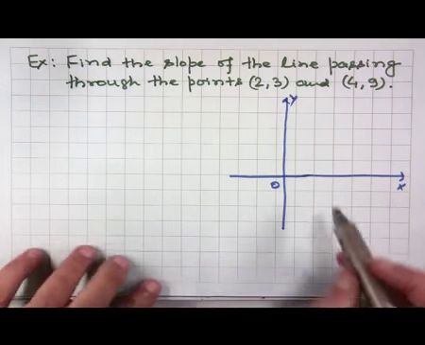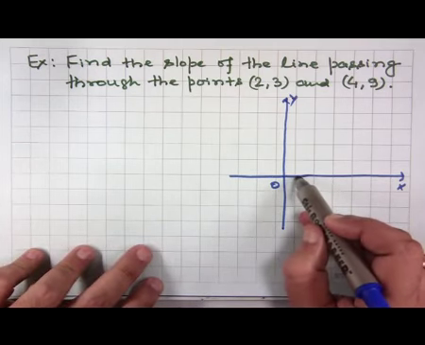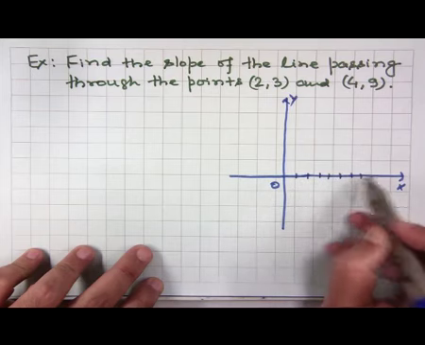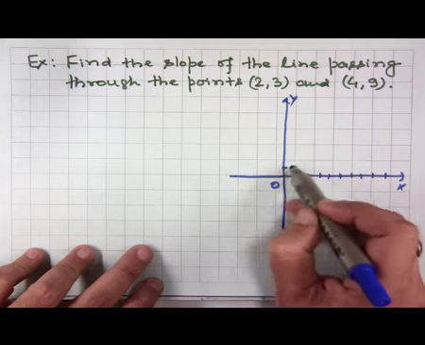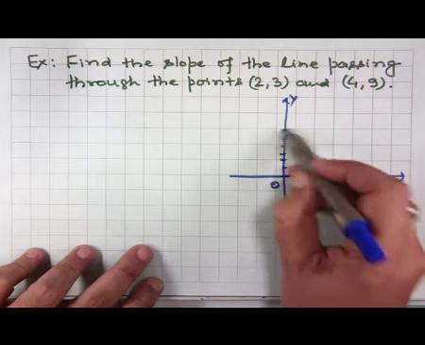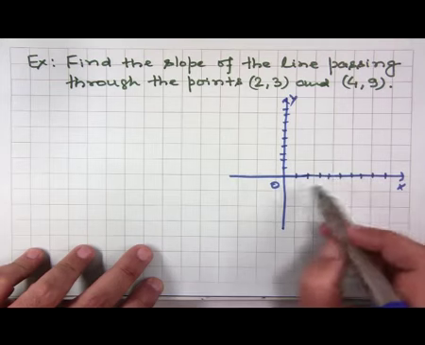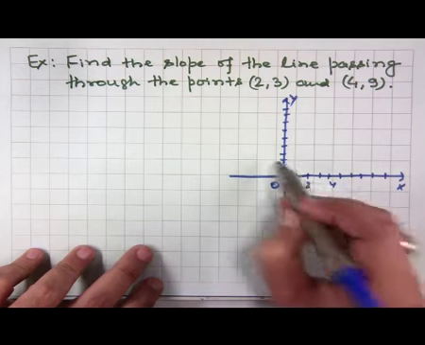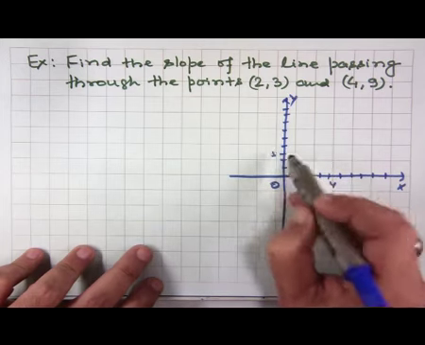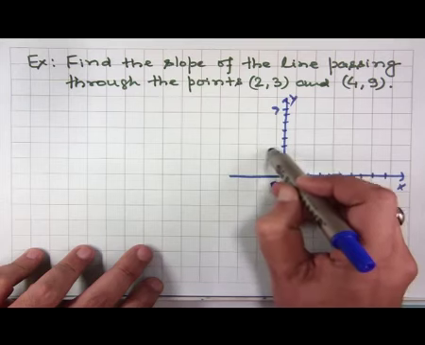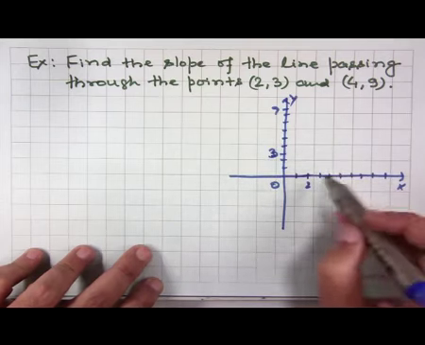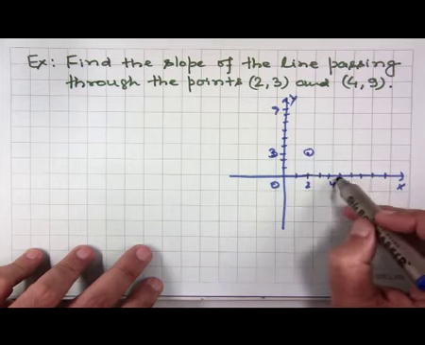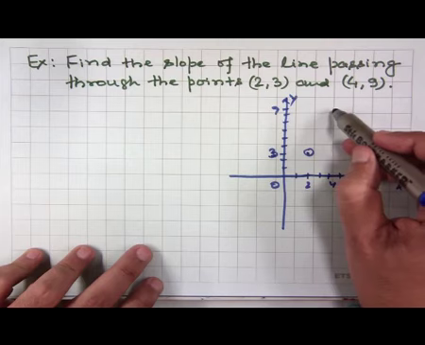So 2, 4 on the x-axis, and 1 to 9 on the y-axis. So this point is (2, 3) and this point is (4, 9).